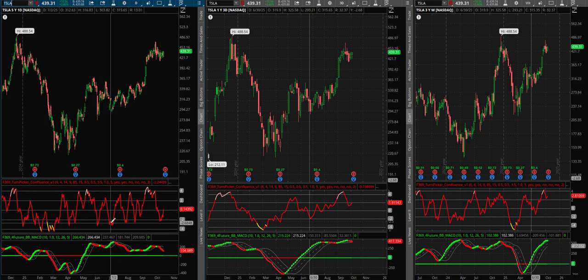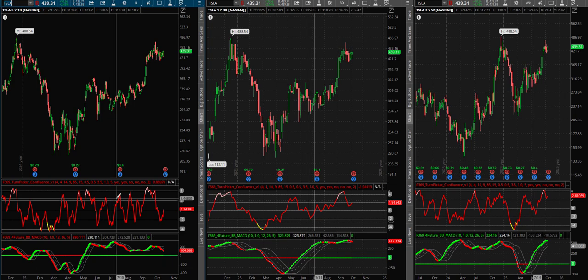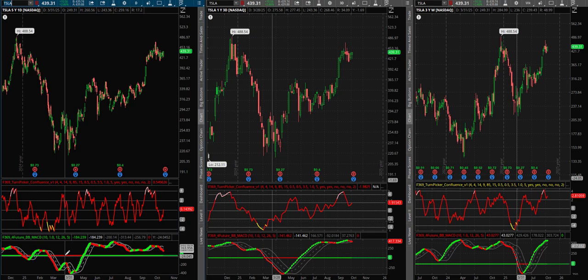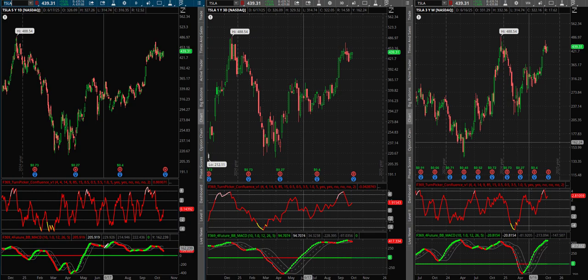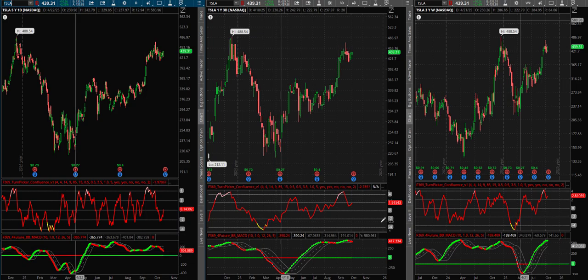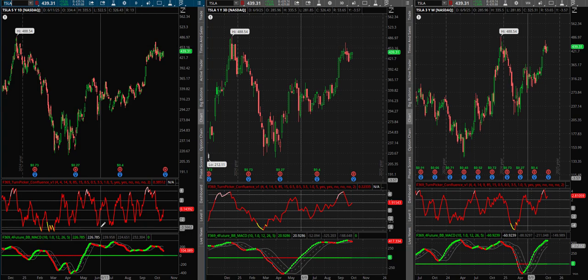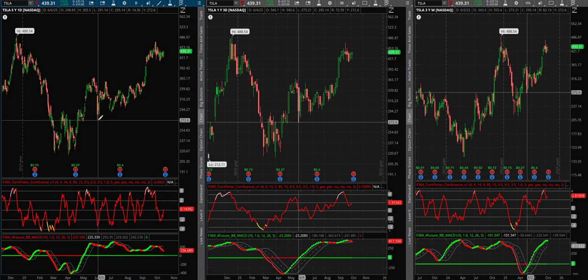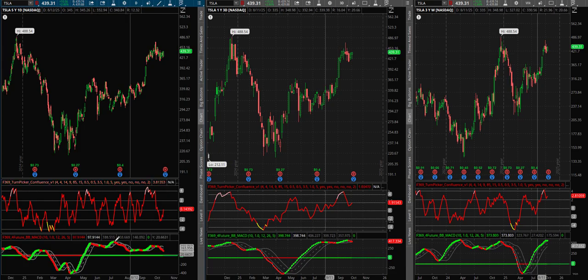So now I'm looking at the market versus the 4 futures markets, tracking Dow Jones, Nasdaq, S&P, and Russell, and they are overall bullish. What is the trade for Tesla? Right here. So let's pinpoint those trades.